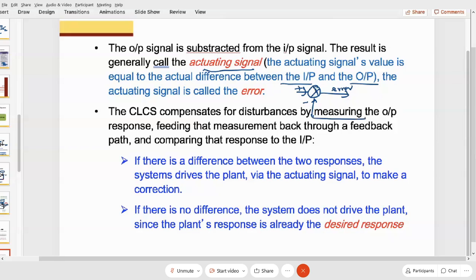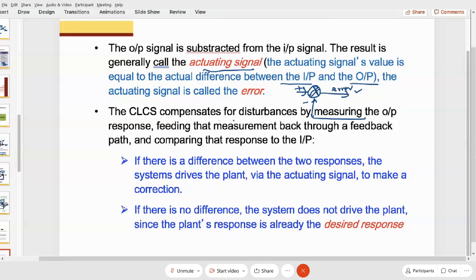We compare them using the summing junction, and the difference is called the error or actuating signal. Why actuating signal? This is the signal that goes to the actuator, to the pump, to the heater, after you amplify and maybe filter the signal and so on. So we call that the error signal or actuating signal.